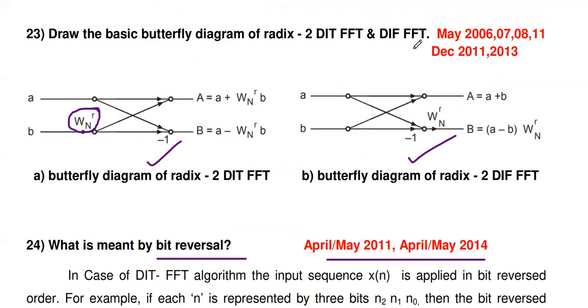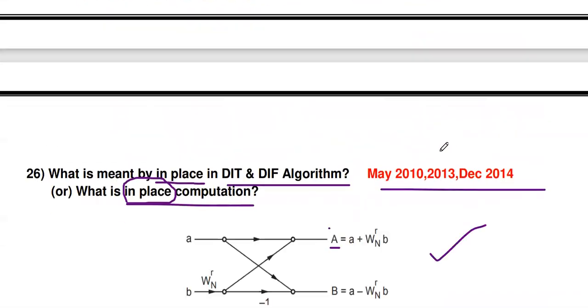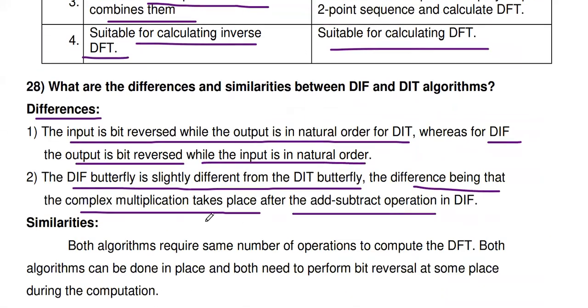But in the DIF algorithm, after addition subtraction, we multiply with the twiddle factor. So that is another difference: in DIF, complex multiplication takes place after the addition subtraction process.